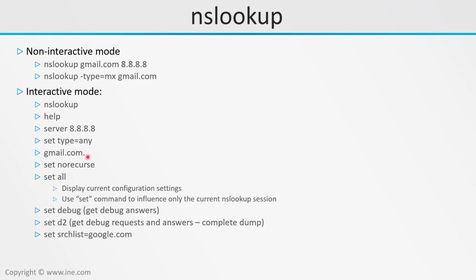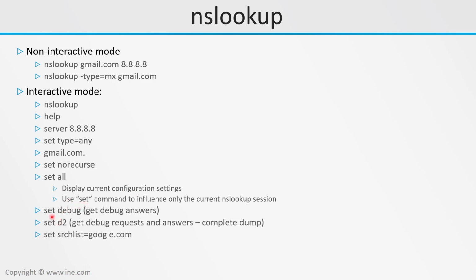So to be more specific and to not have additional information, we want to append that final dot to our domains. We can set recursion just like dig, or not to recurse, with our specific flag functions. The set all is used to display all the current settings, and it just applies to that current NSLookup session.